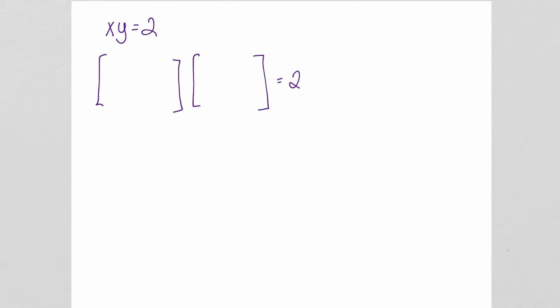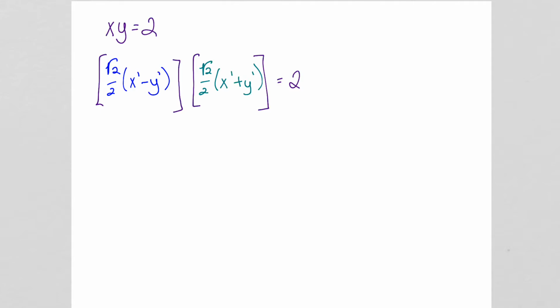We found x to be square root of 2 over 2 times x prime minus y prime, and y to be square root of 2 over 2 times x prime plus y prime. What do we do with this? We simplify.